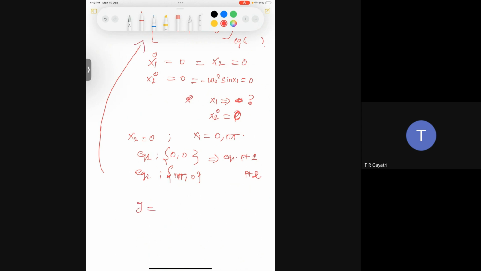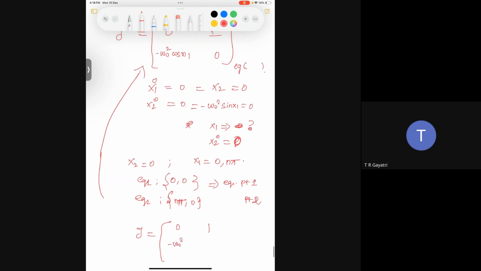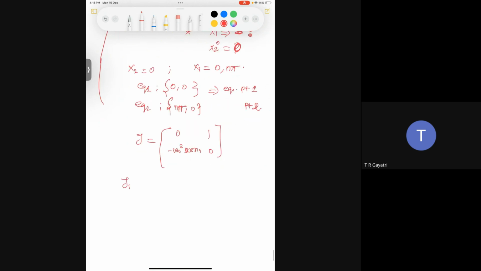So the Jacobian is, I will just rewrite this, 0, 1, minus omega square cos x1, 0. The first linearized version is J1 at 0, 0. It is 0, 1, minus omega square cos of, instead of x1, I am going to put 0, 0.